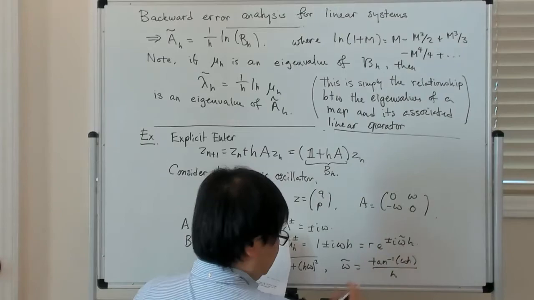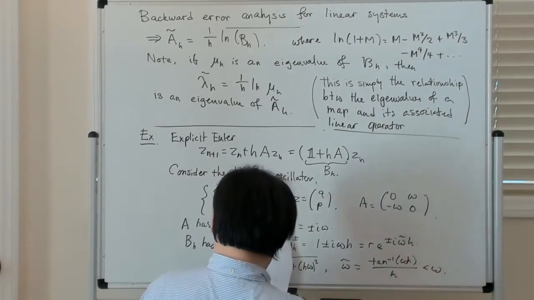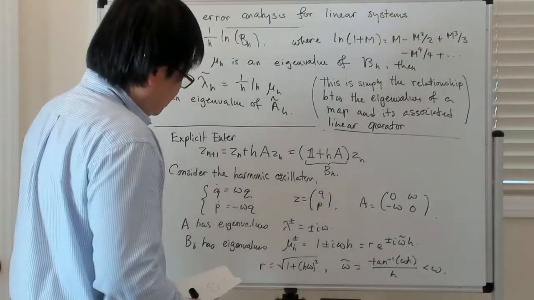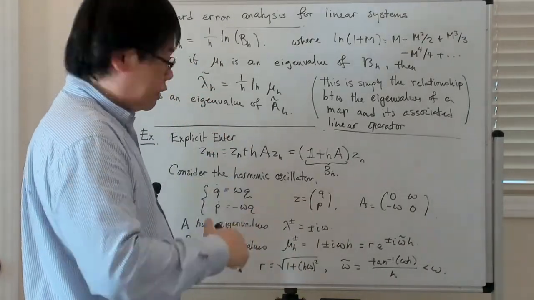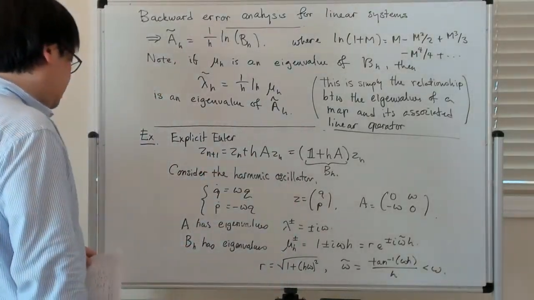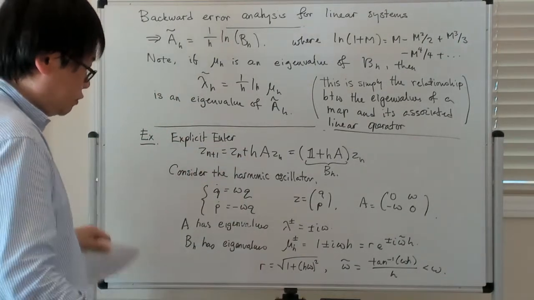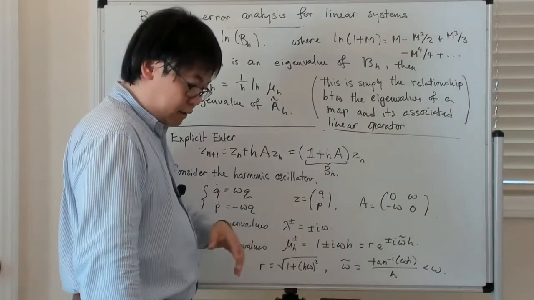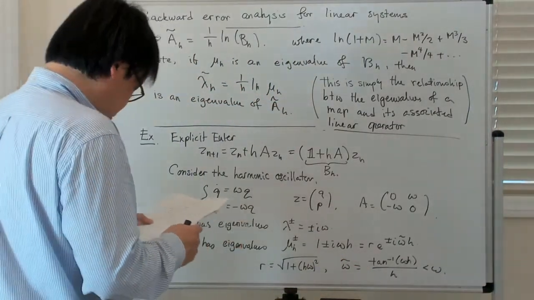If you look at the series expansion for this, you can conclude that omega tilde is less than omega. So what does that allow you to say? The radius is increasing, unlike the harmonic oscillator, where in phase space the orbit doesn't grow. In the forward Euler discretization, the radius is growing, and the frequency is slower.